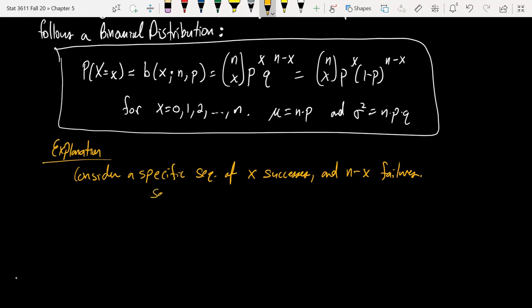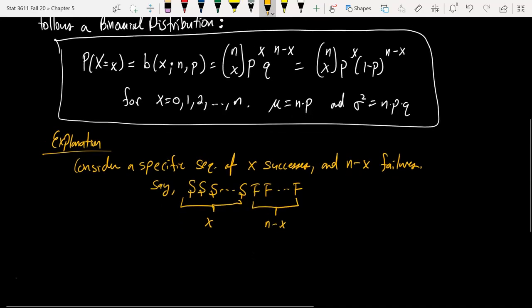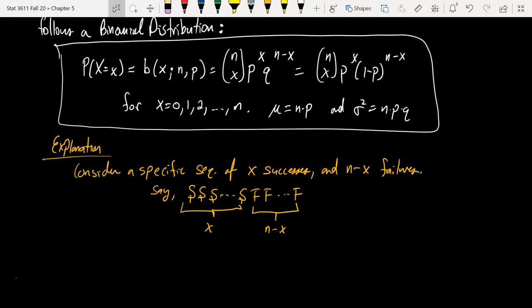So for a specific sequence, let's say we have success, success, success. Let's say we get all successes up front, and then we have failure, failure, and then a failure, right? So there's x of these S's, x successes, and then the remaining are failures. So there's n minus x failures here, right? Okay, so what's the probability of this specific outcome?